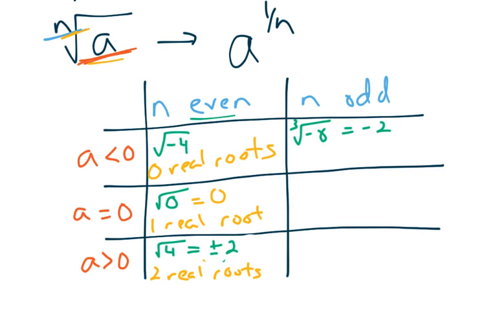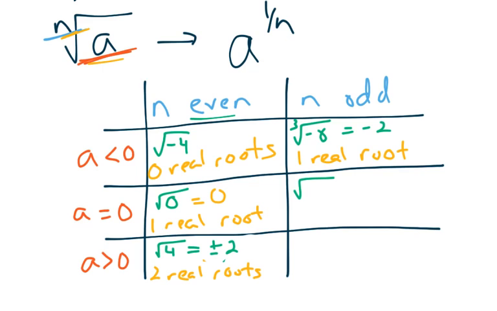So if the index is odd and the number underneath is negative, you have one real root as far as the quantity of answers. The actual answer depends on the number underneath.